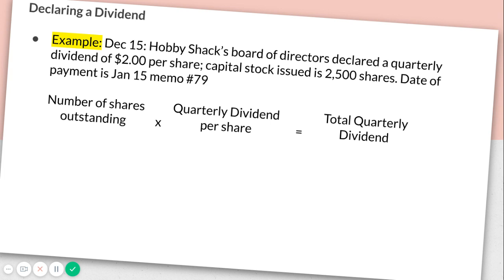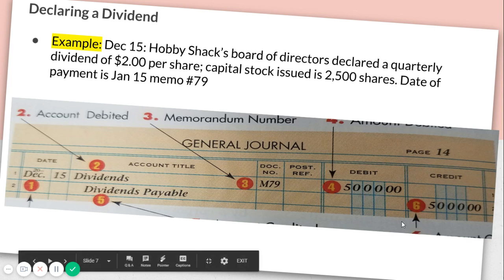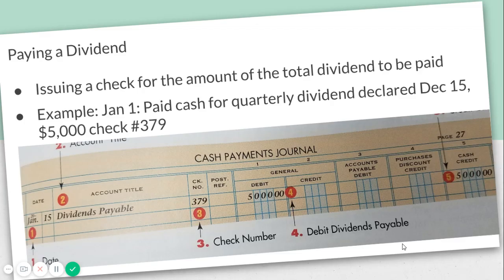So we will take our $2 per share times the number of shares, and we get our total quarterly dividend of $5,000. To journalize this, we have our dividends of $5,000 debited and dividends payable credited. Let's do the work together.